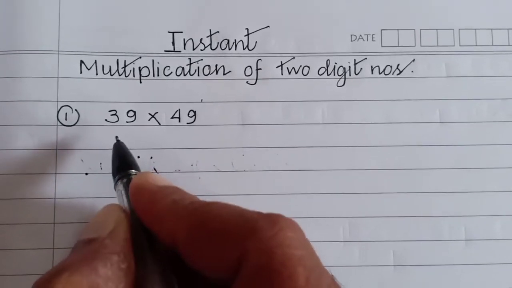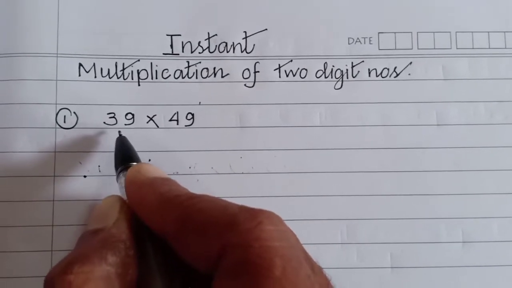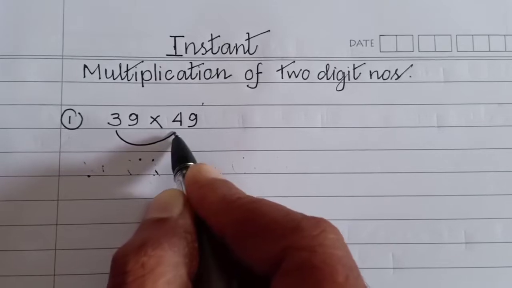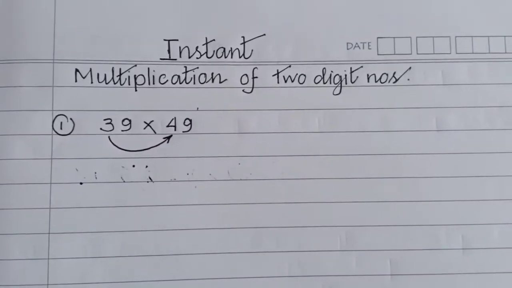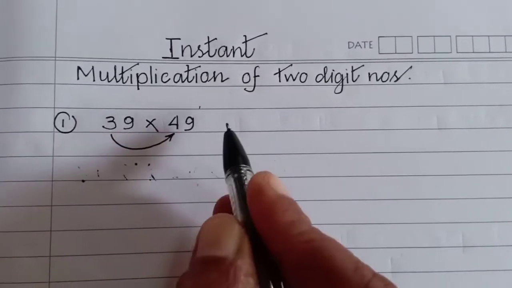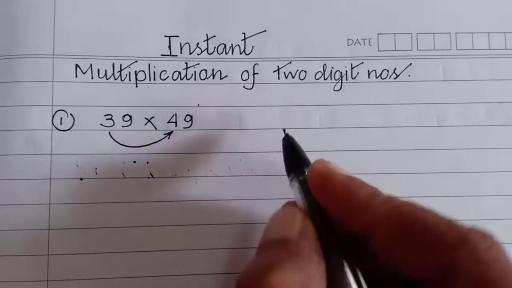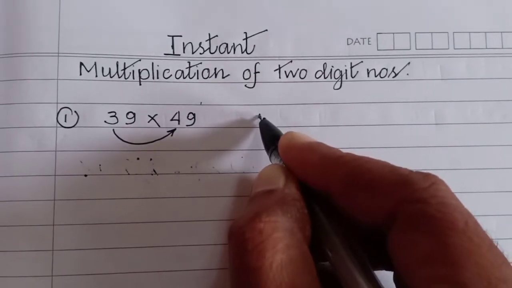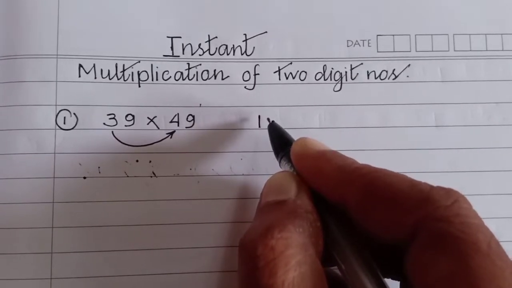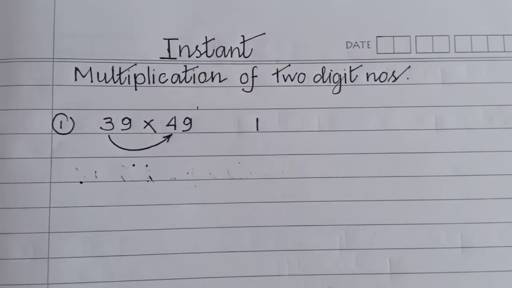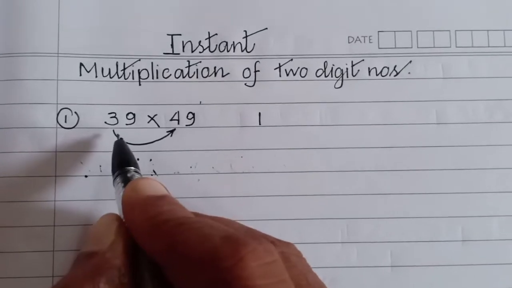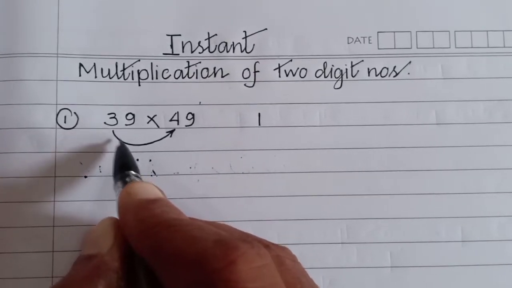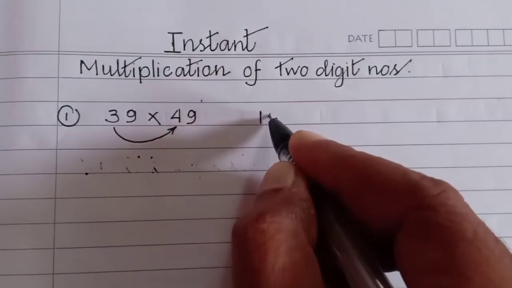At first you make a multiplication of 3 and 4. Your first step is 3 into 4. It is 12.